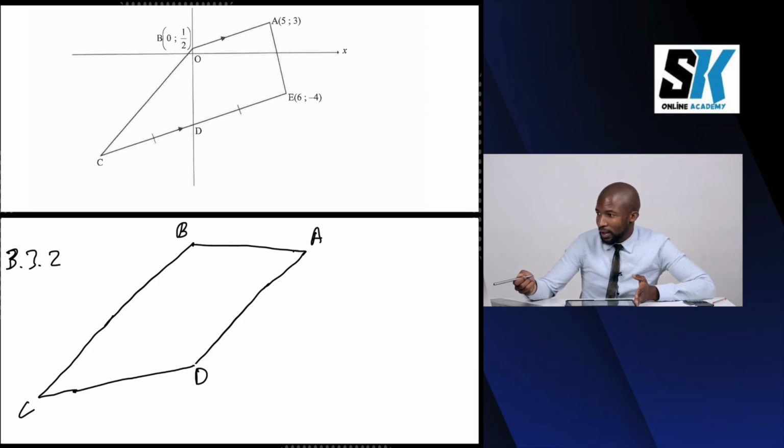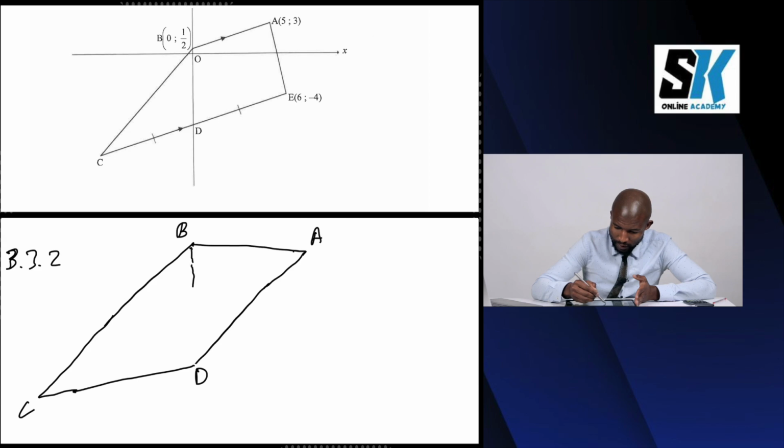So they want the area of that shape, which is A, B, C, D. Once you're done with that, you're going to cut your shape into two triangles so that you can get the area of that shape.